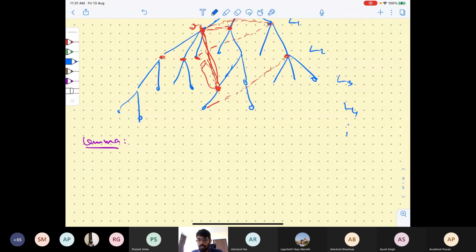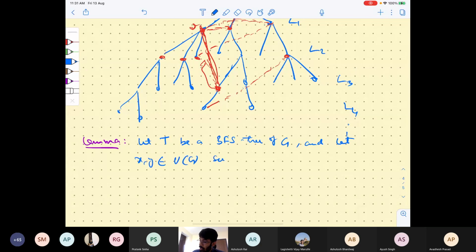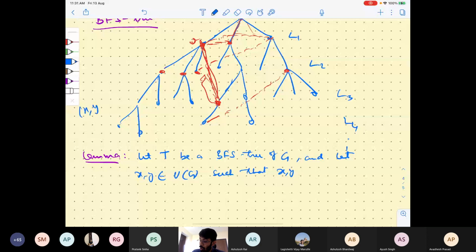And what will the lemma say? The lemma says that let T be a BFS tree of G, and let xy be in V(G) such that xy, the edge. I'll sometimes use xy like this even for undirected edges, but I mean there is no order if the graph is undirected.